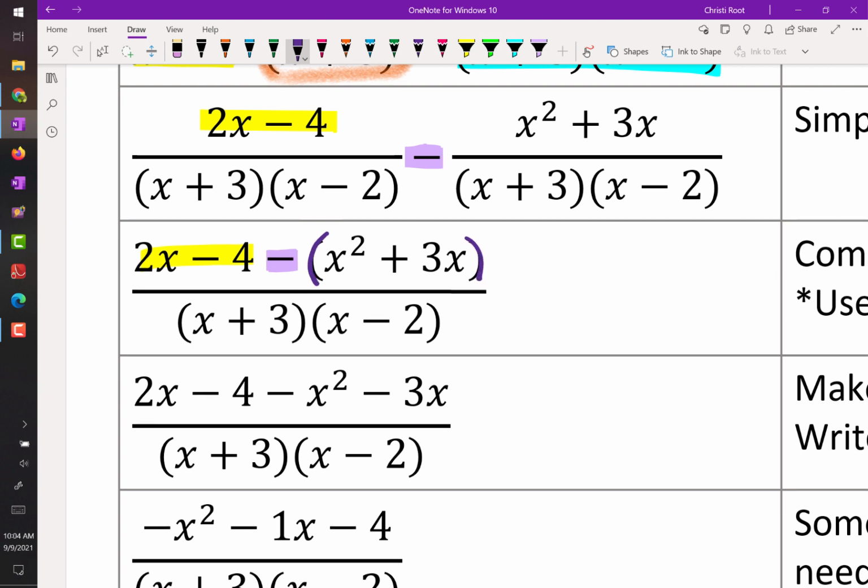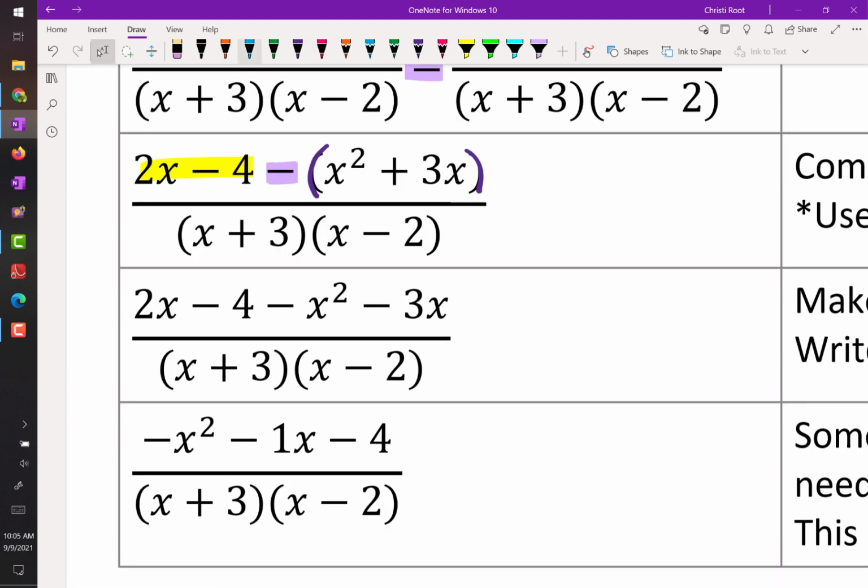Now, why would I do that? When you're subtracting the second fraction, you see that you have 2 terms on the top. So technically what you're doing is you're going to subtract x squared, and you also have to subtract 3x. So if you notice below, I showed you that transition. So you are subtracting x squared here, and you are also subtracting 3x.